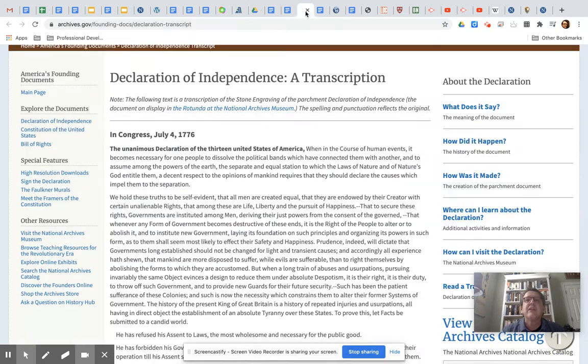If you look at the Matlack version, for example, if you look at the beginning, the opening paragraph there, when in the course of human events, we see course is capitalized, and also laws of nature and nature's God.